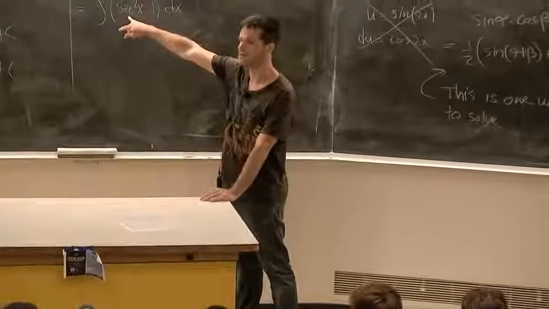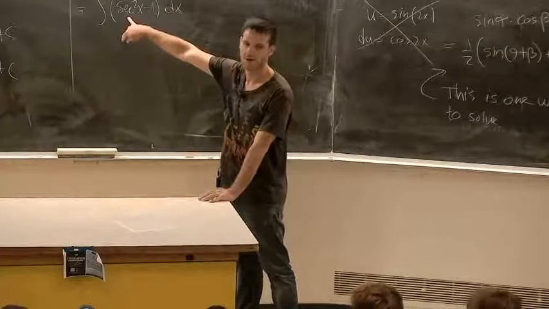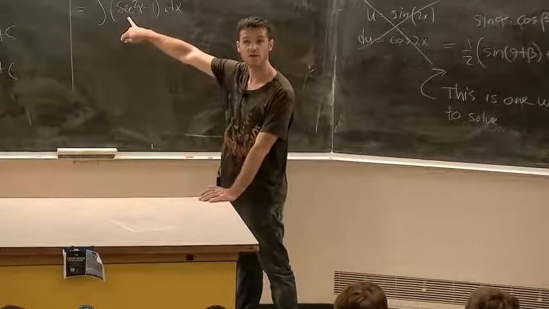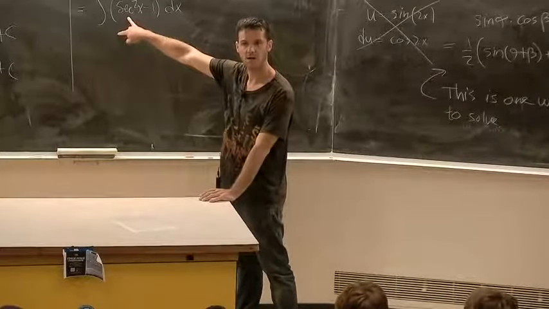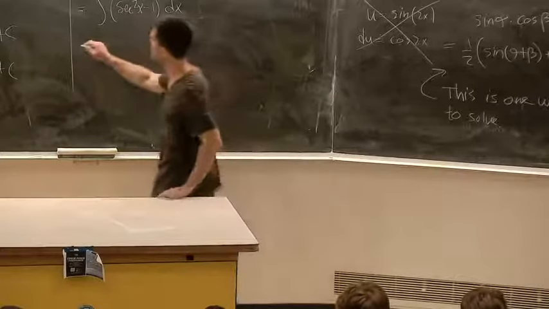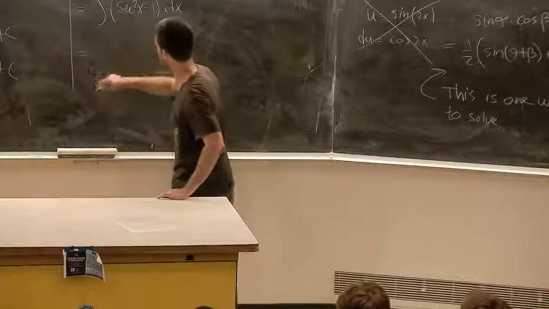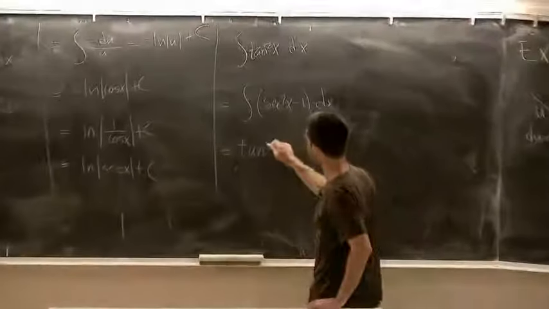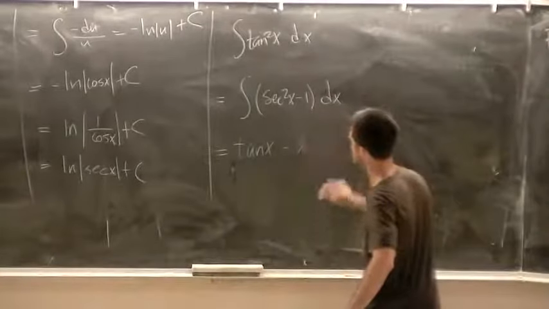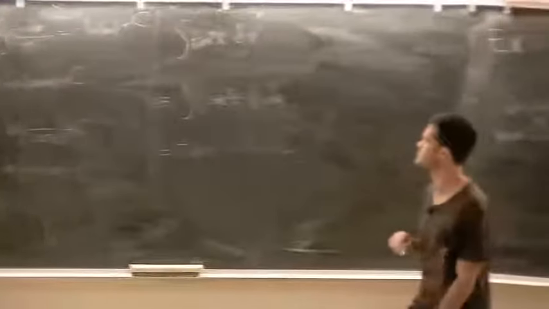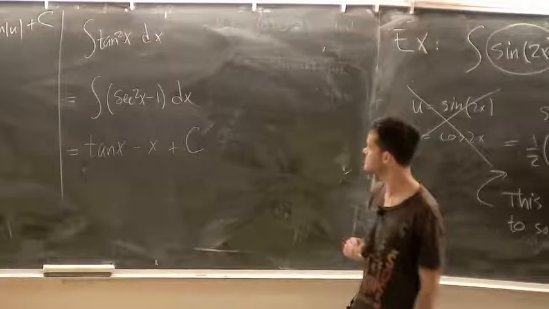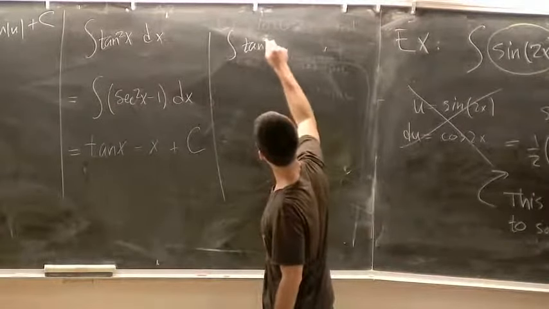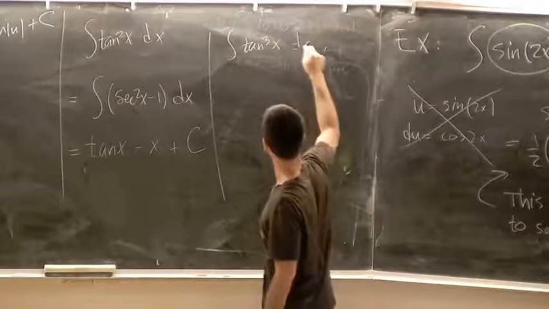We can, using something I have on the board right now. Secant squared is a derivative of something. Tan. Yeah, this is the derivative of tan. So by the fundamental theorem, the integral of secant squared is tan, and then minus x. Not so bad. How about tan cubed x?